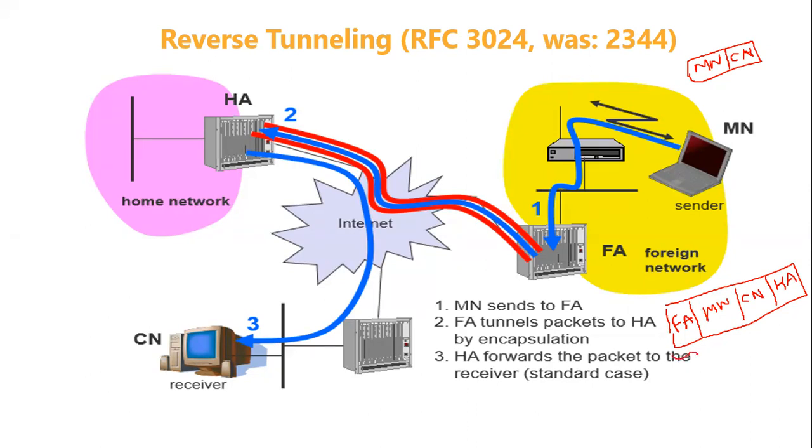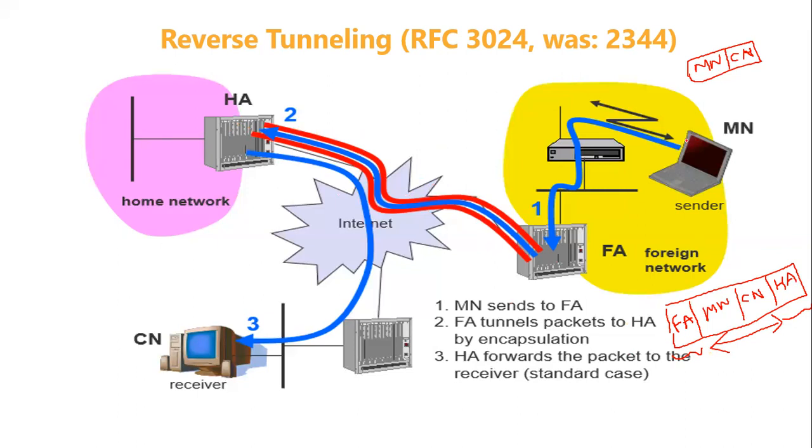These two are the headers, and this is the actual data. This packet will be transmitted to HA through the tunnel. That is, it will be considered as just one hop.